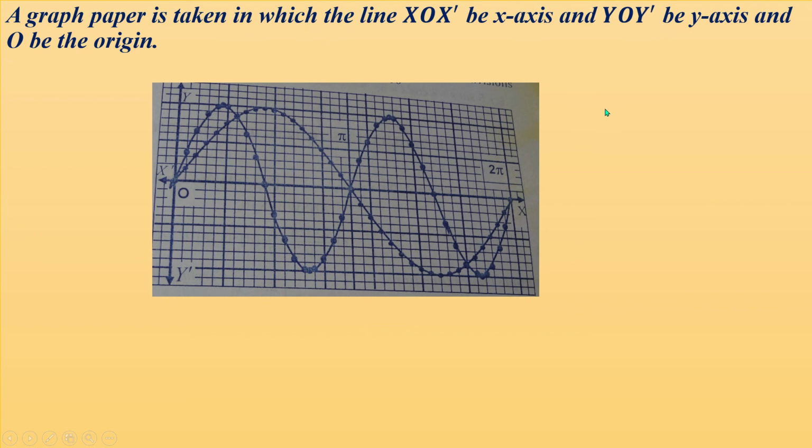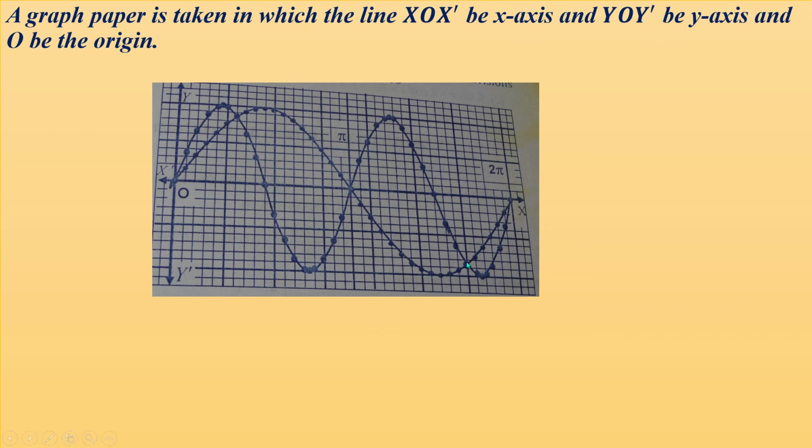So 6 into pi by 18 equals pi by 3, as 6 and 18 cut. Clear? And for this point count 5, 10, 15, 16, 17, 18. That means 18 small divisions, each equal to pi by 18. So 18 into pi by 18 gives only pi. That means this point will be pi.